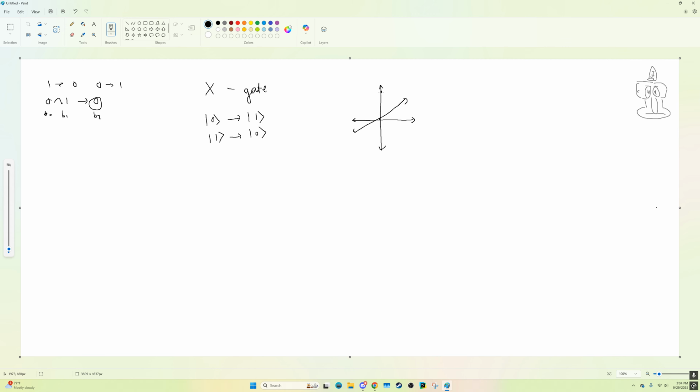So for a 1 qubit system, the state is written as alpha 0 ket 0 plus alpha 1 ket 1, right? So this entry right here would be alpha 0, this entry right here would be alpha 1, and when you multiply by this unitary matrix, which is the X gate, then you get alpha 1, alpha 0. It flips the probability amplitudes of each of these basis states. And that is exactly what's going on here.